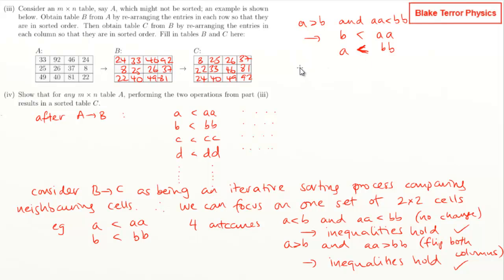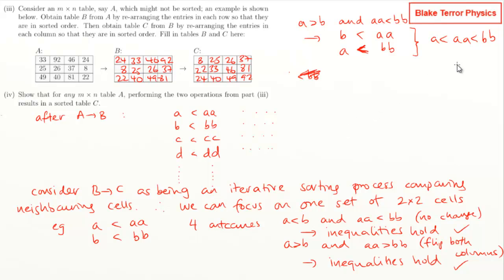So what are we saying? We're saying that BB is greater than, which way round am I doing this? Yeah, so this is because BB is greater than AA is greater than A. We had that, so that's why the second one holds.